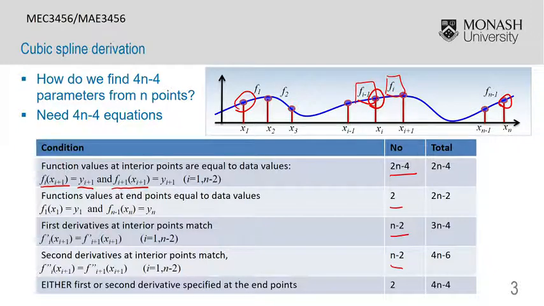And you can actually mix and match. You can have a second derivative at one end and a first derivative at the other end. Regardless, this gives us an additional 2 conditions and a total of 4n minus 4 conditions. So we now have 4n minus 4 conditions that will allow us to find the 4n minus 4 unknowns.